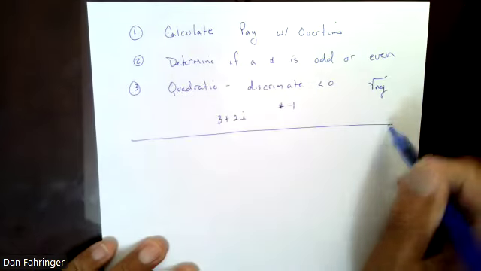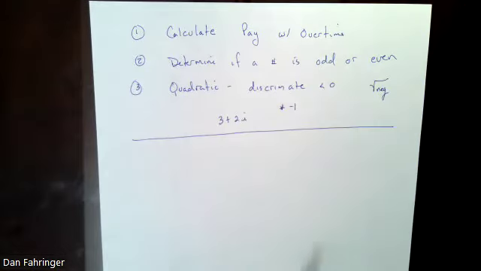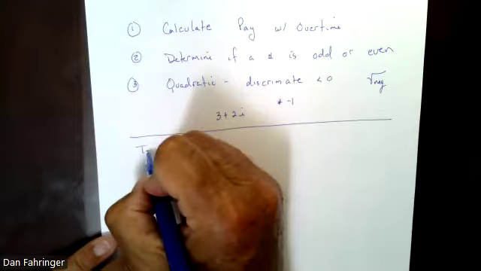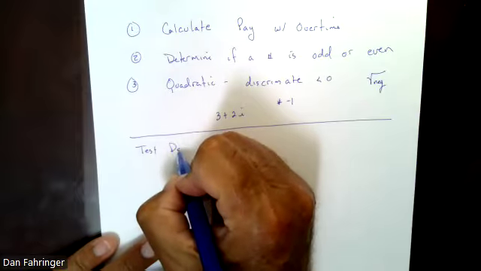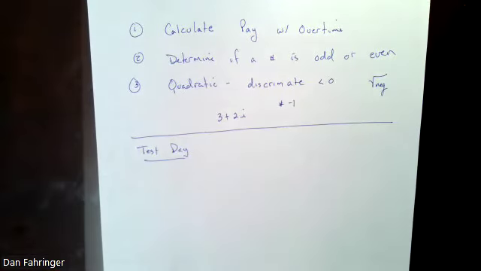Before we move on, let's go up here with calculate pay with overtime. We did a similar thing in the last class. We started with test data. We looked at an algorithm. I turned them loose and they're like, okay, did you get the first one done? Yeah, here it is. Well, what numbers did you put in? We just put numbers in. All right, let's put the test data in.